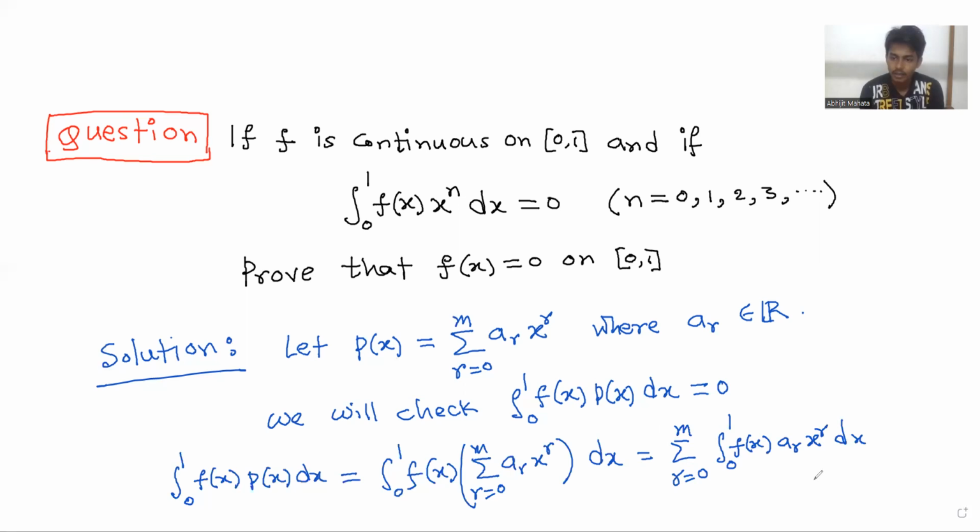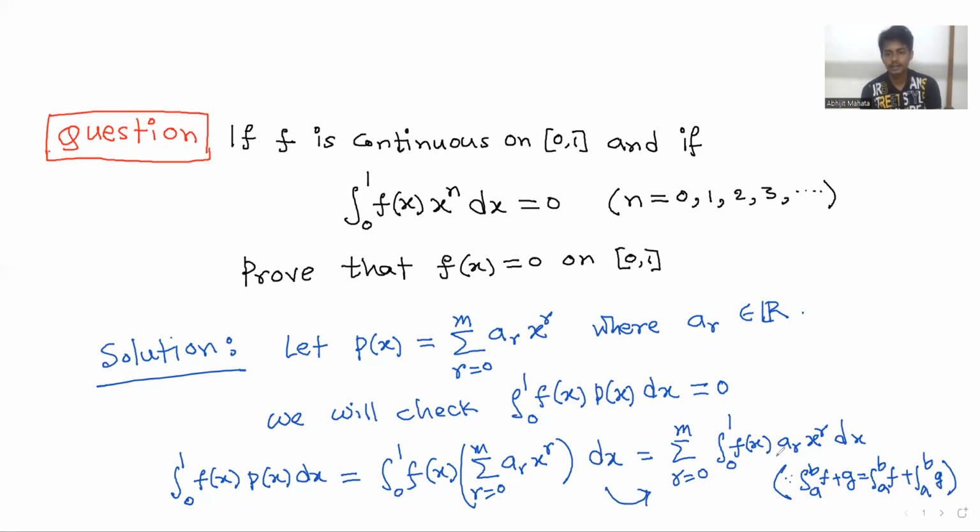Why? Because the integration from a to b of f plus g is nothing but the integration from a to b of f plus the integration from a to b of g. Because of this, we can write from here to here. So now we move to the next page.